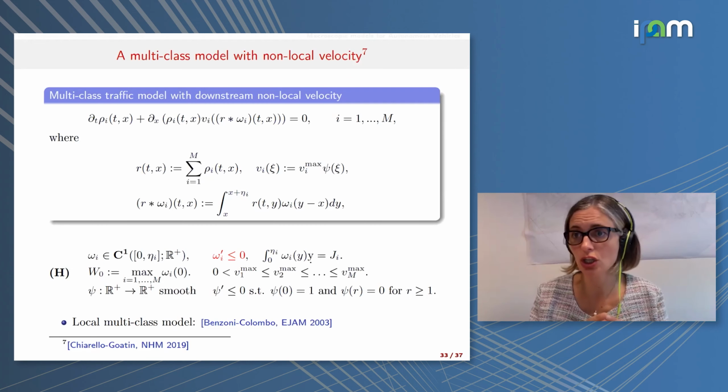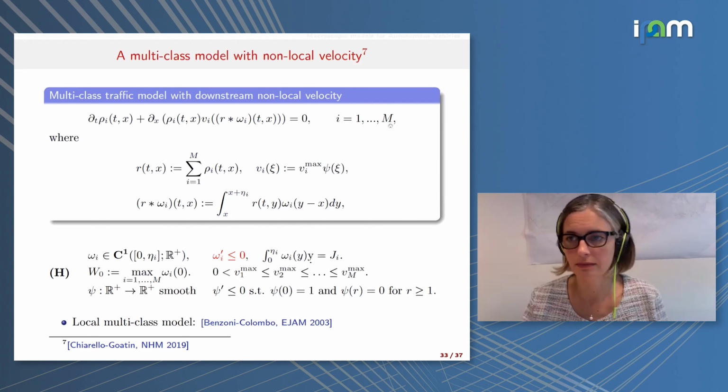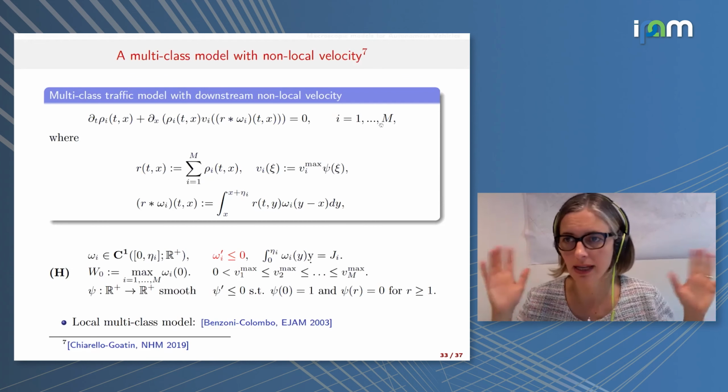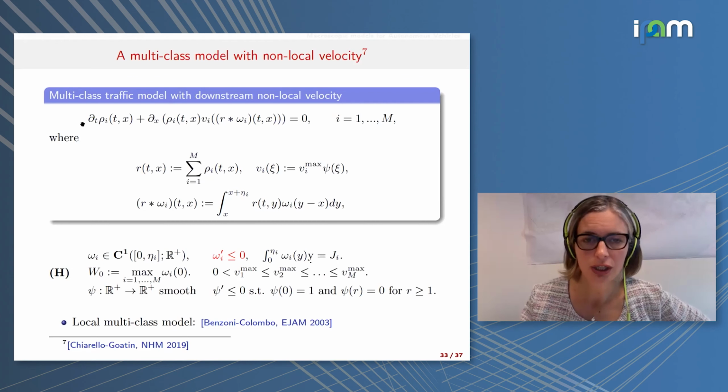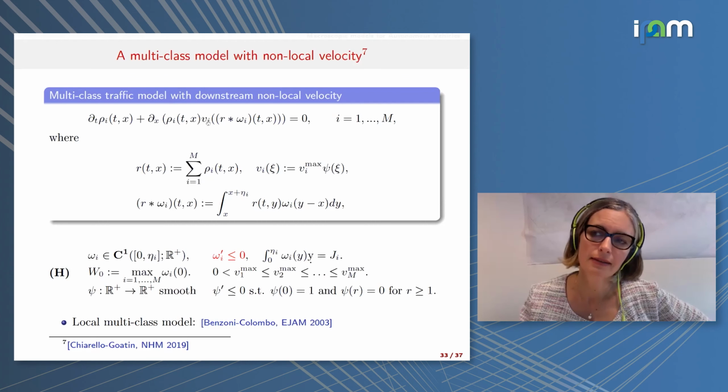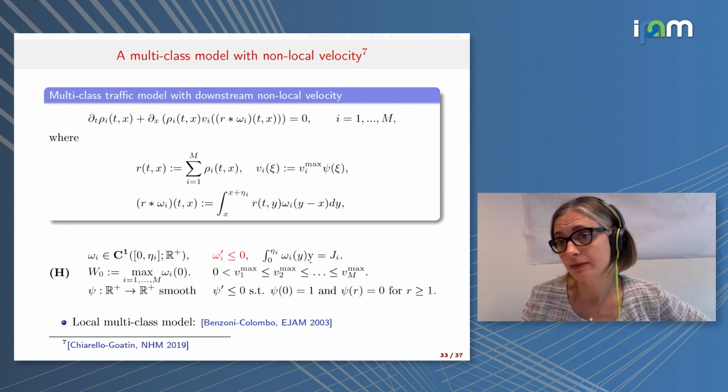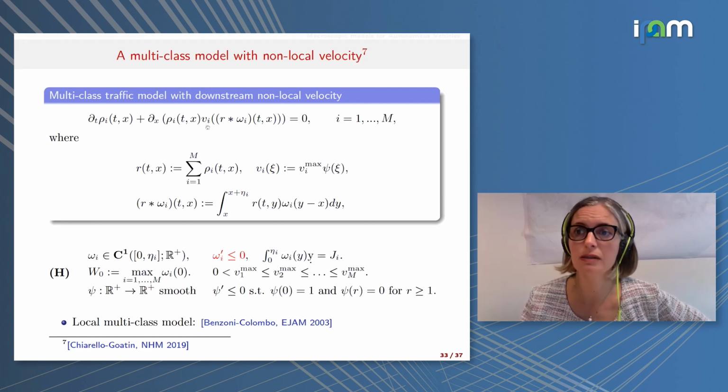We describe each of these populations with a mass conservation law. For each of the populations, here I consider any number m of populations, as many as you want, but here m will be 2. We have the mass conservation, and you see that these equations are not independent from each other, but they are coupled in the speed term, because the speed of each class depends on the class itself.